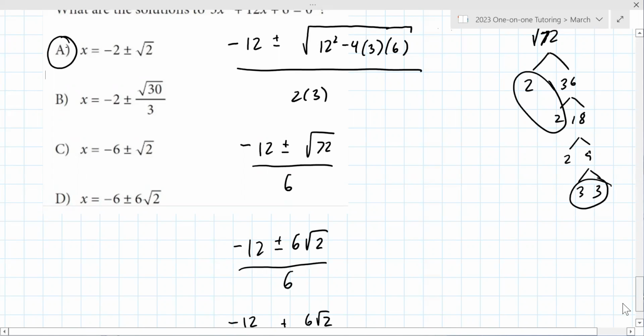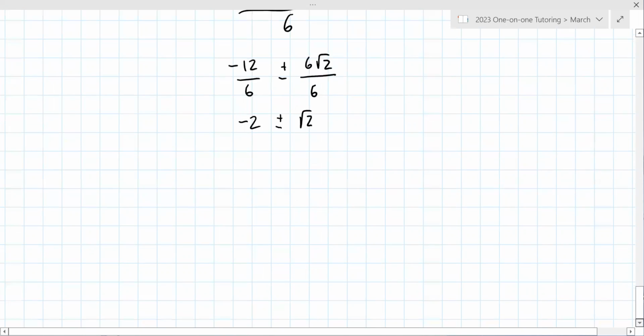All right. So now we're going to transition a little bit. The answer to the previous problem is -2 plus or minus the square root of 2, and what that really is, is the 2 answers: -2 plus the square root of 2, and -2 minus the square root of 2.